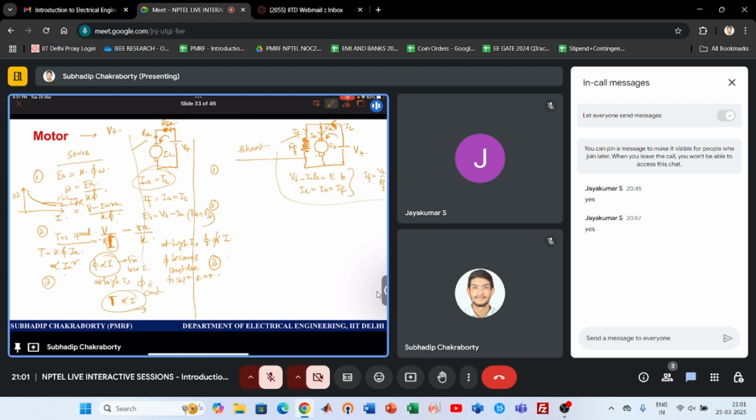Torque is proportional to I at high currents. So how will it look? The torque versus current characteristic will look like a parabola, and then it will be linear. So likewise you build the characteristic curves, right?